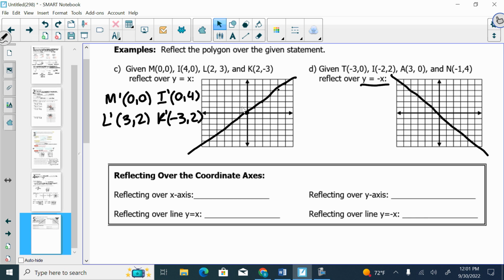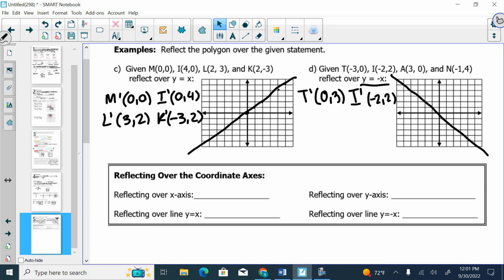Okay, so for my T prime, I switch their places, right? And I change their signs. Well, 0 would still be 0, but negative 3 would become 3. Change both signs. All right, for I, switch their places, negative 2, 2. So it actually still looks the same, right?